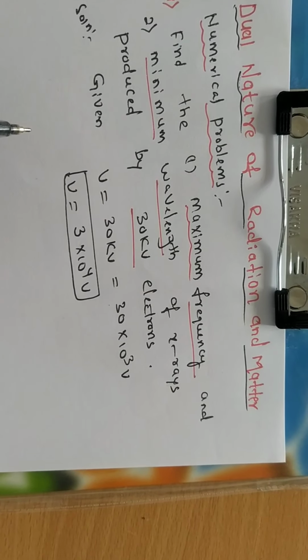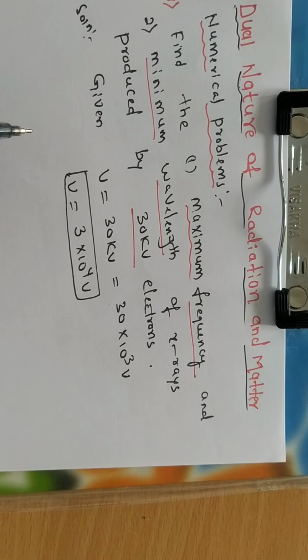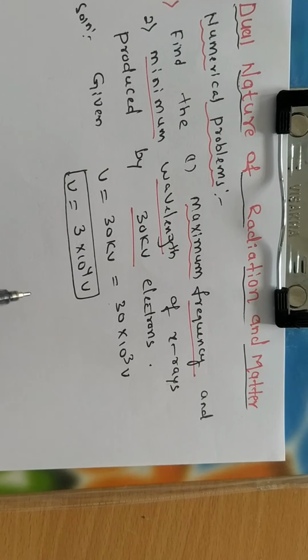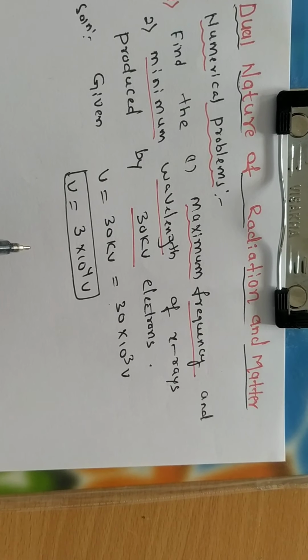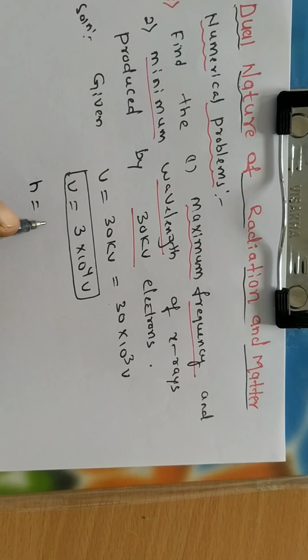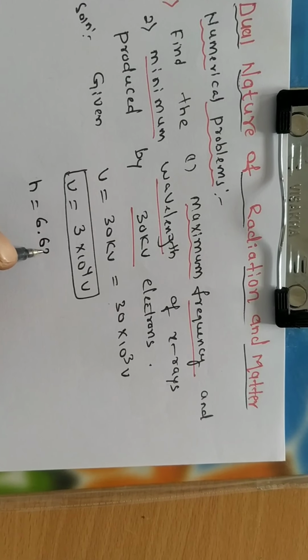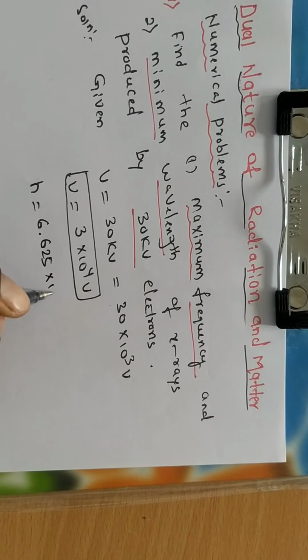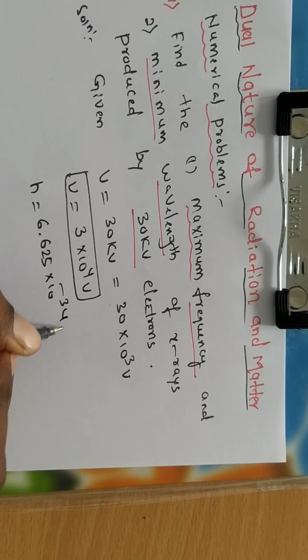Then next one, h is equal to how much here? 6.625 into 10 to the power of minus 34 joule second.